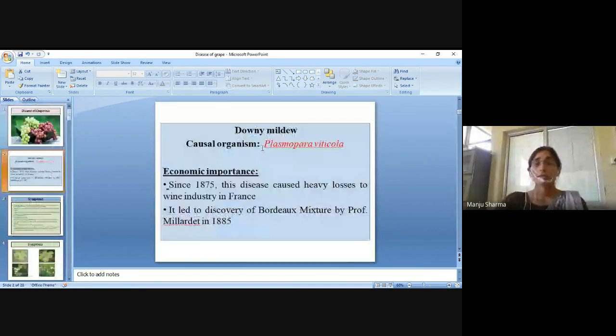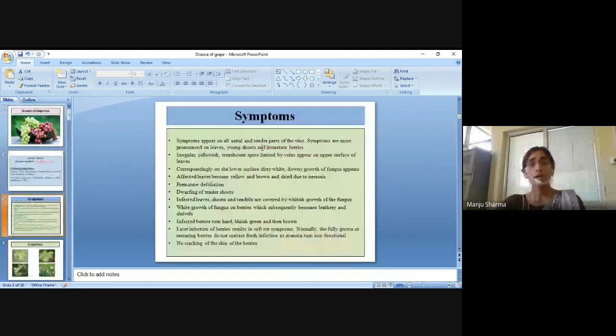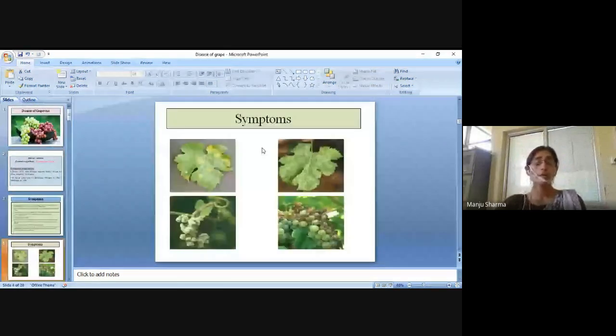In downy mildew, yellow spots are there on the upper surface of the leaves, and on the lower surface whitish symptoms appear, and it also infects the berries. In powdery mildew disease, the symptoms appear on both the upper and lower surfaces, but mostly they are clearly visible on the lower surface.